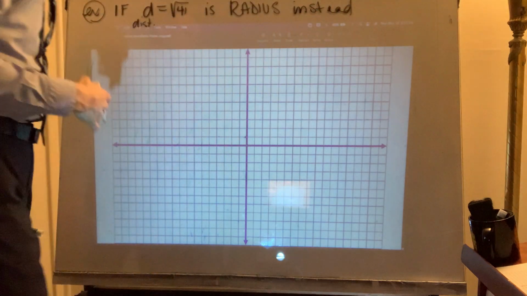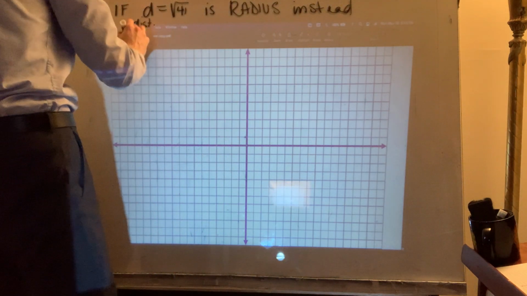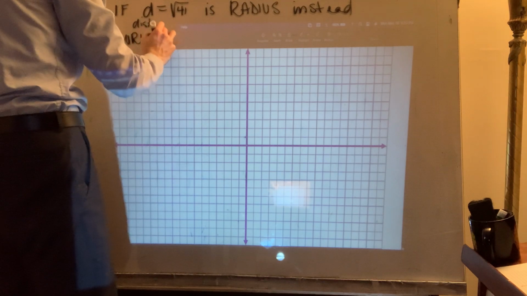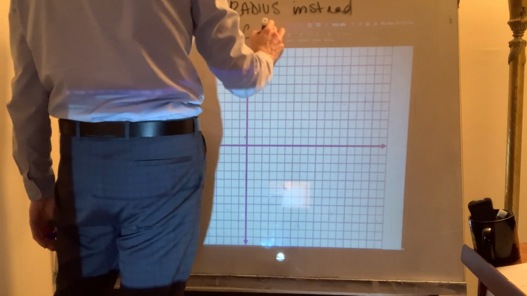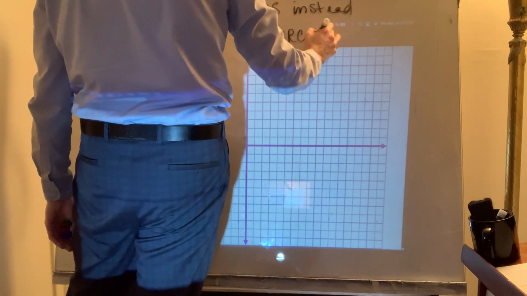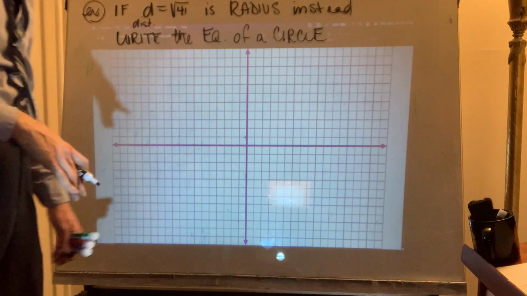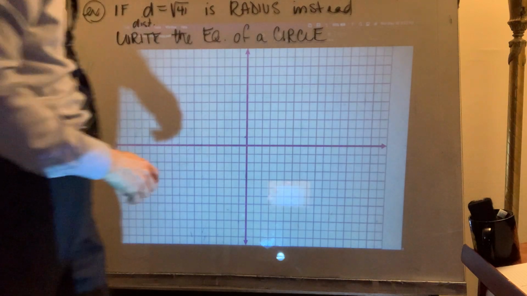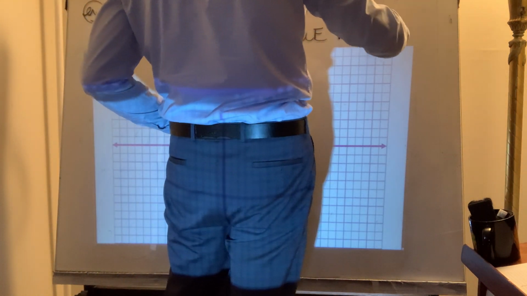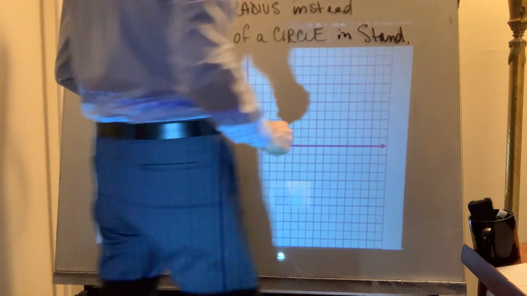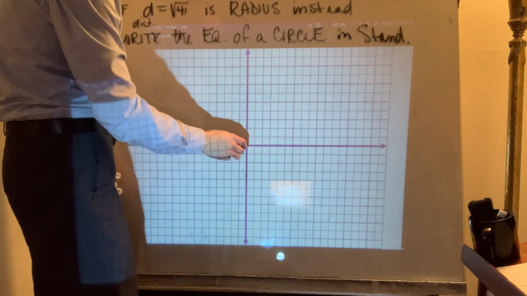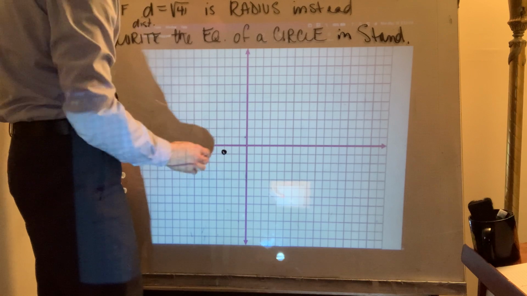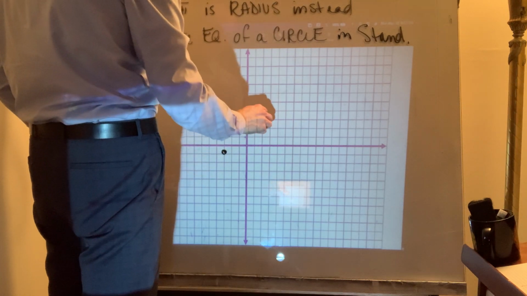Right. And you were then asked to write the equation of a circle. Starting with a fresh piece of paper, all right, in standard form, just to be a good guy, all right, in standard. I'm going to put those points back, 1, 2, 3, down 1, over 2, up 3.